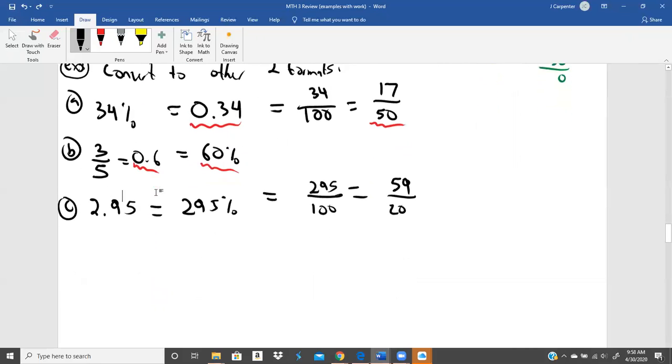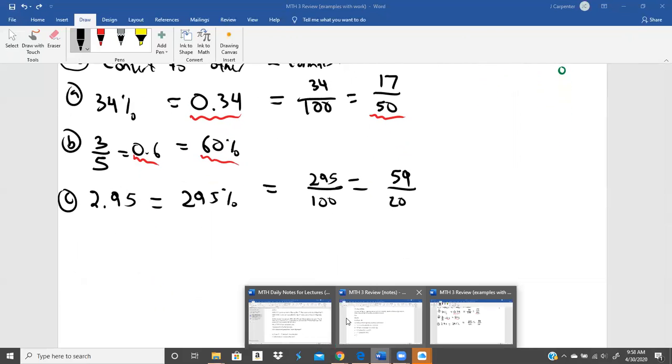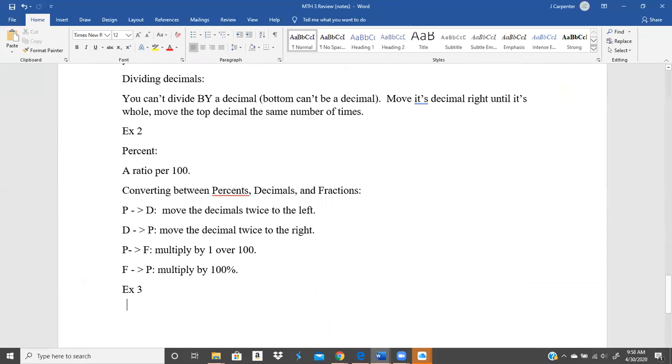Then we had our percent problems. We had our word associations. We had the word of, means times. We had the word is, or lots of variations to that. We said that means equals, an equal sign.